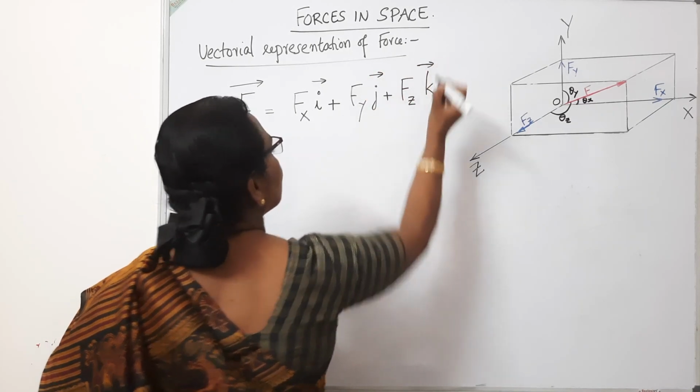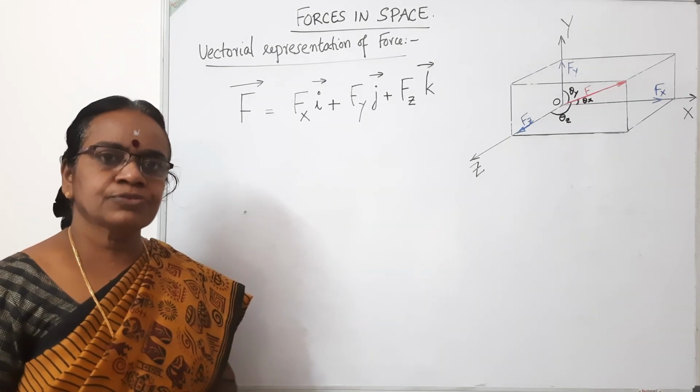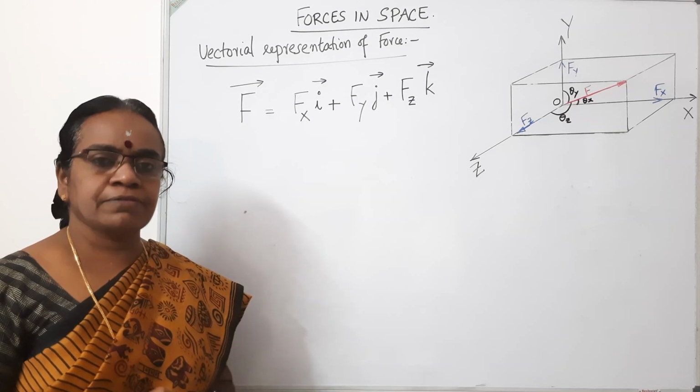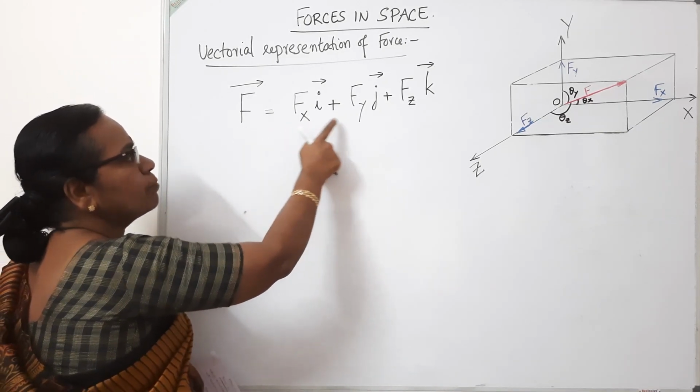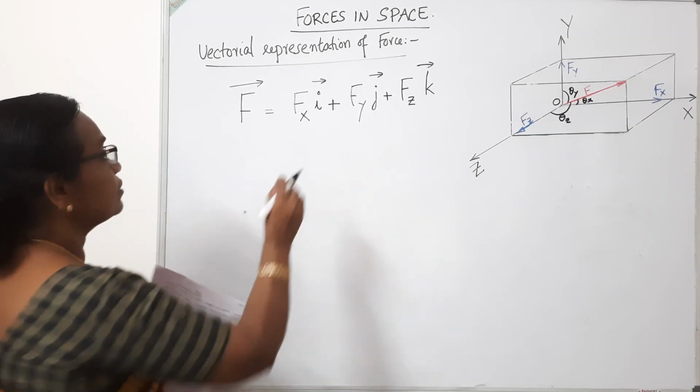So this is the vectorial representation of the three-dimensional force system. Any force F acting in a three-dimensional space system is written as F equals Fx i plus Fy j plus Fz k.